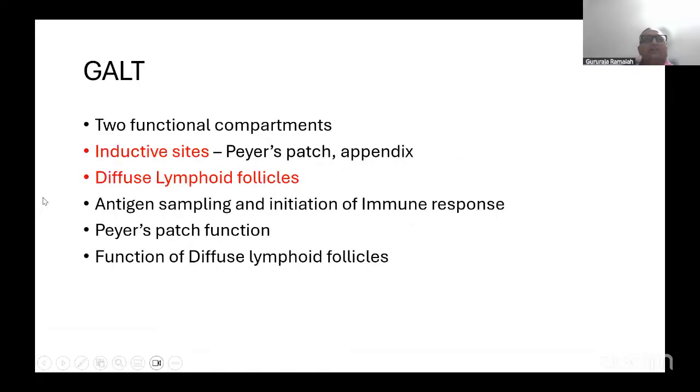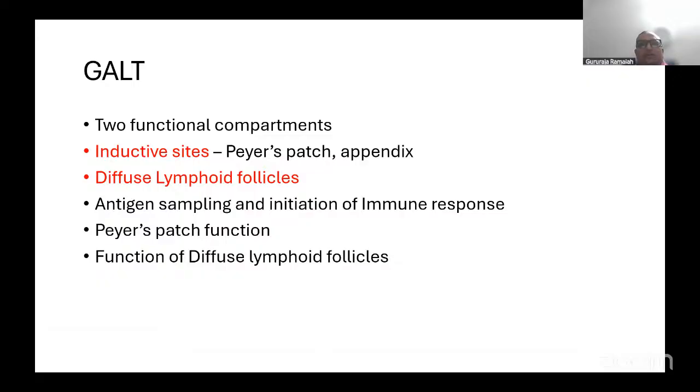The GALT is divided into two functional compartments: inductive sites such as Peyer's patches in the intestine, the appendix, and numerous isolated lymphoid follicles. These are primary locations for antigen sampling and the initiation of the immune response.